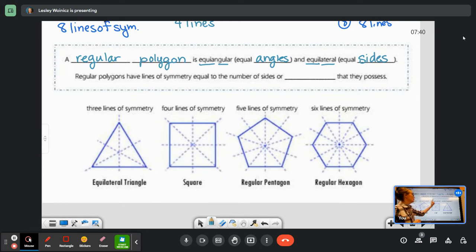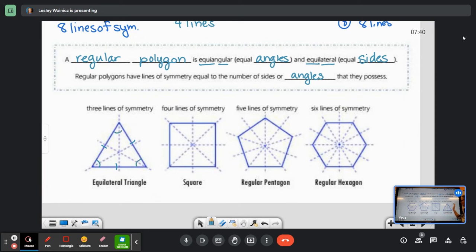All right. Regular polygons have lines of symmetry equal to the number of sides or angles, because the sides also match the angles. If it's got 3 sides, it's going to have 3 angles. So here we have an equilateral triangle. All of these sides are congruent, that's what equilateral means, and all of these angles are congruent.